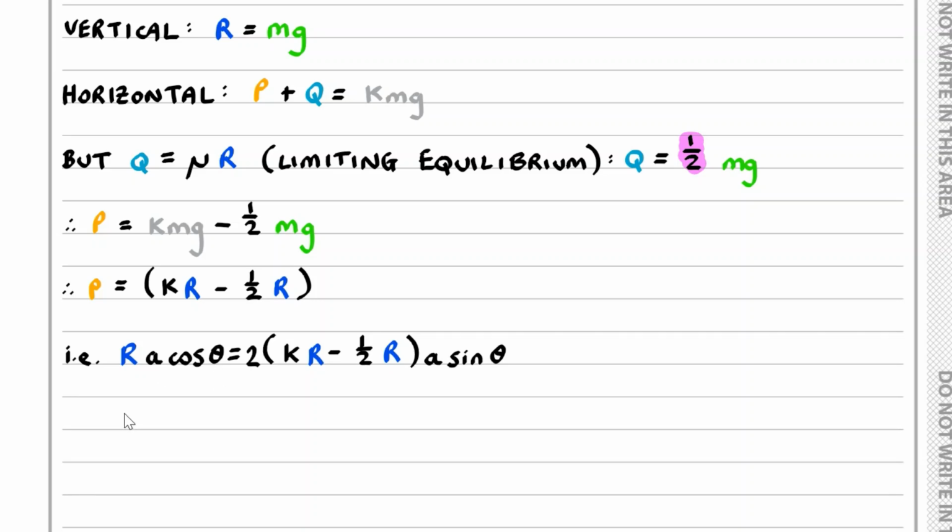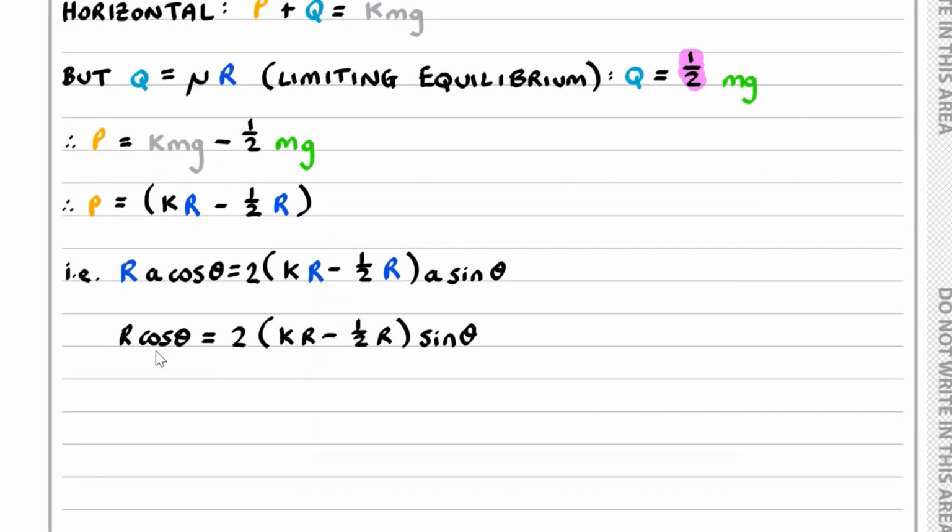So we have R cos theta equals 2 lots of KR minus 1/2 R sine theta, dividing through by cos theta.